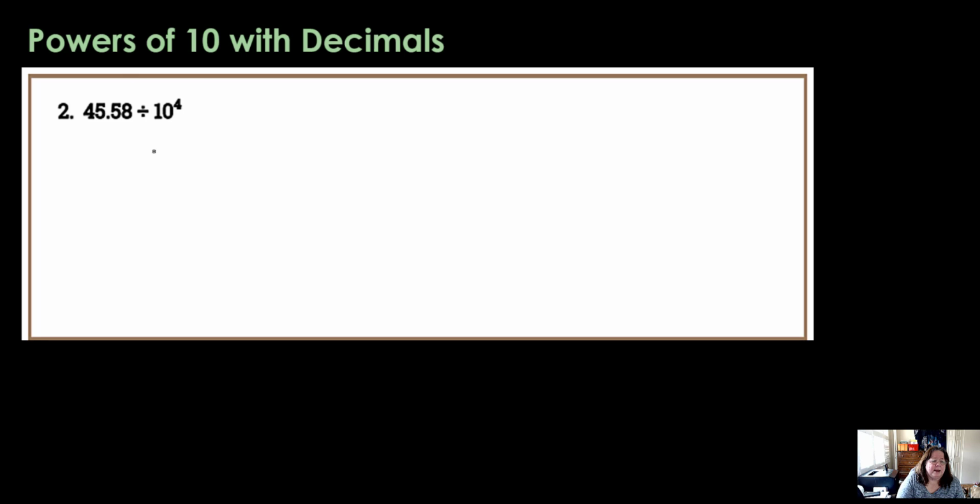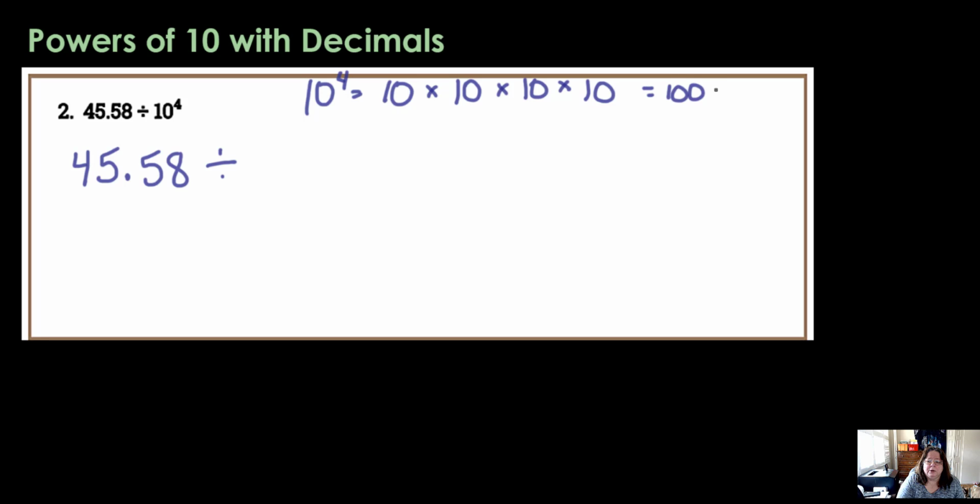I'm going to expand my exponent. 45 and 58 hundredths divided by, I know 10 to the 4th is 10 as a factor 4 times, which is 100 times 100, which equals 10,000. Okay.